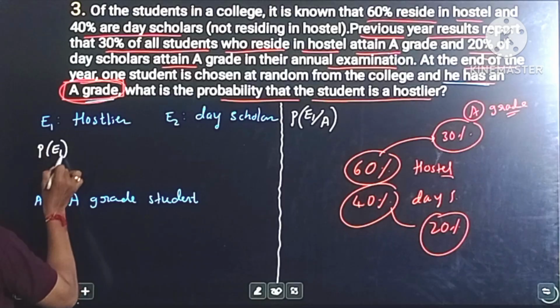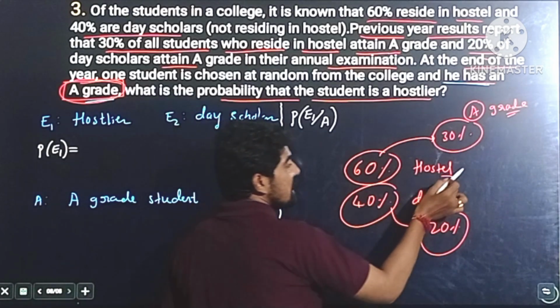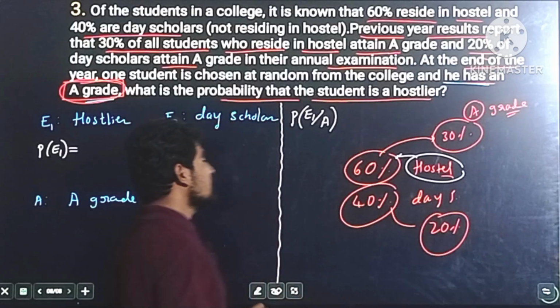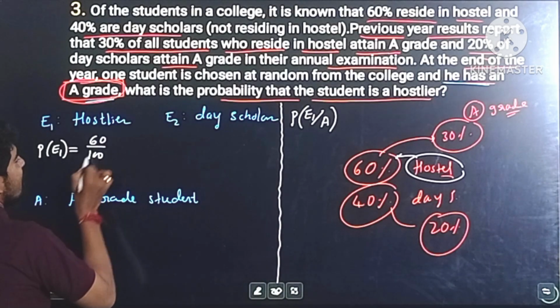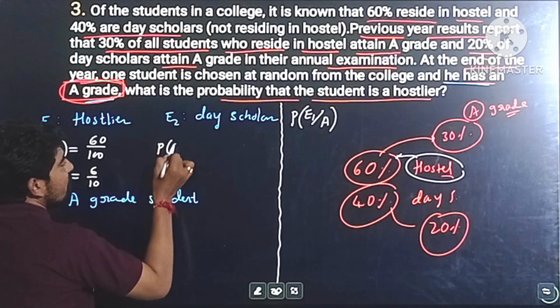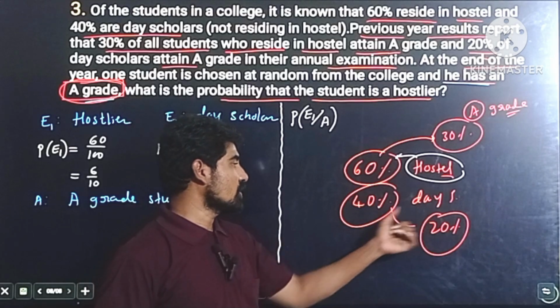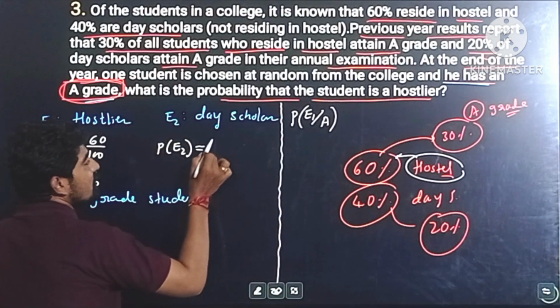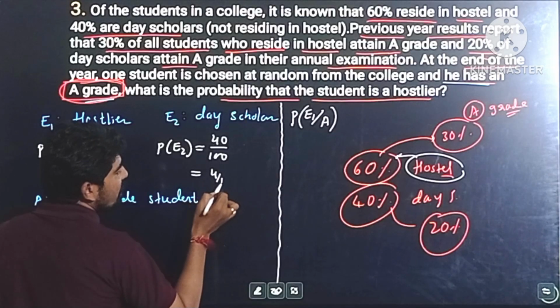Probability of E1 is the probability that the selected student is a hostelier, and in total in the hostel there exist 60% of the students. Therefore probability of E1 is 60 divided by 100, which equals 6 by 10. Similarly probability of E2, selecting from day scholars, is 40% of the students, so 40 divided by 100, which equals 4 by 10.